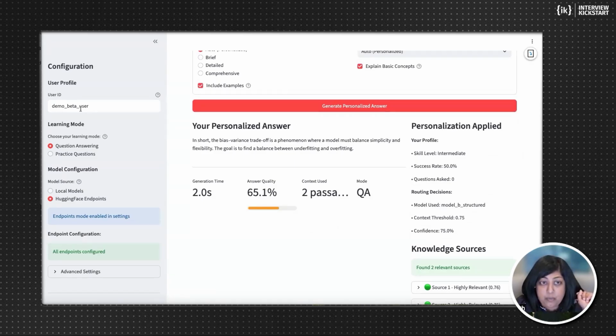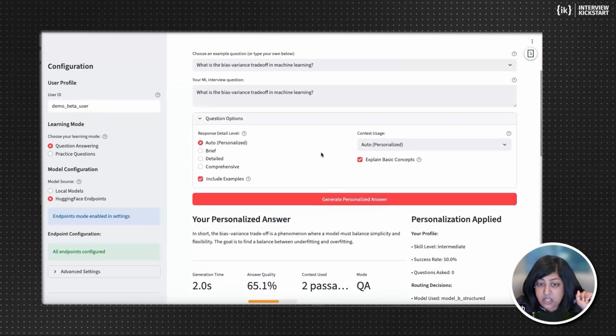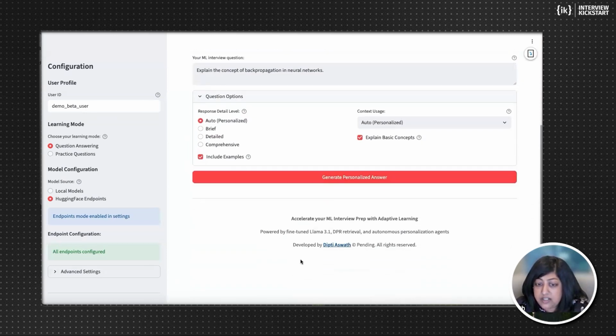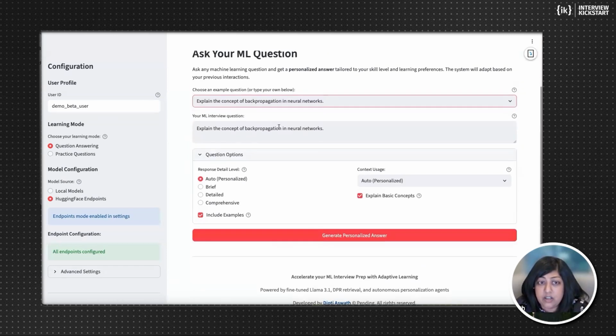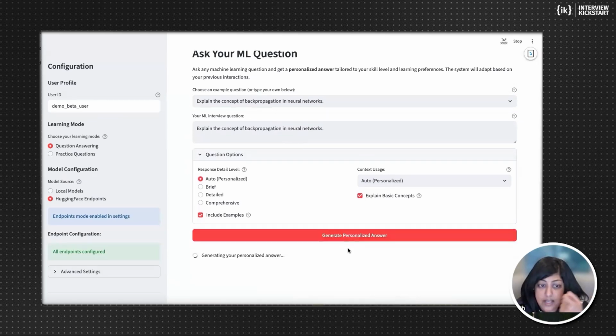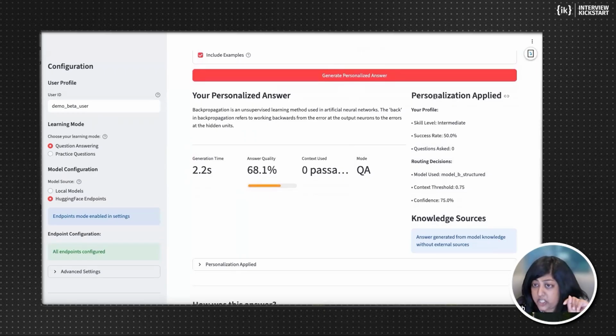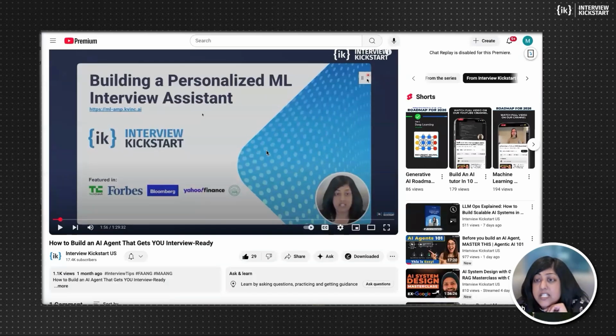And for the demo beta user, you saw in the QA mode for a question that was asked, the response was generated. Okay. Here we go. Explain the concept of backpropagation in neural networks. The answer is generated. By the way, for more information on personalization, the adaptive layer, please be sure to watch the first masterclass topic in this series.